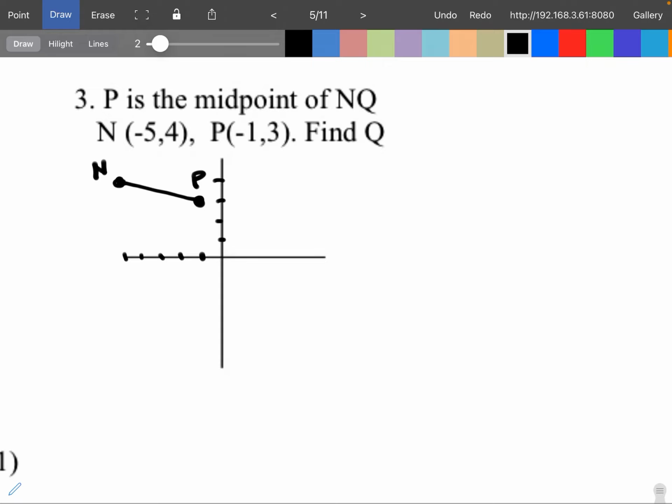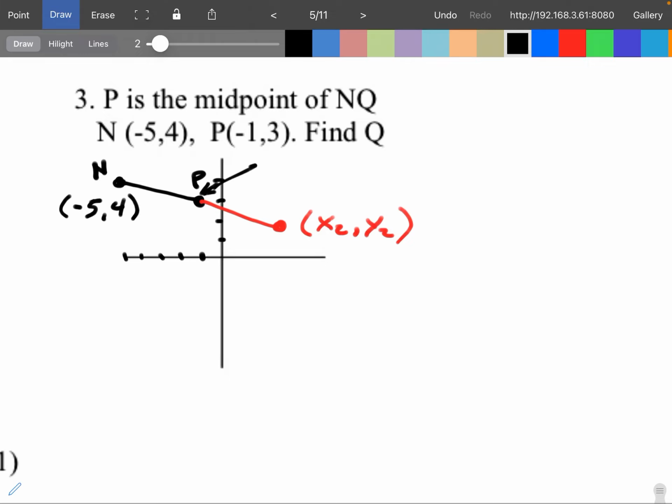Well, the formula I gave you guys says that if you want the x-coordinate of the midpoint, you just add the x-coordinates of the endpoints and then you divide by 2, right? Again, we know it's somewhere over here, okay?